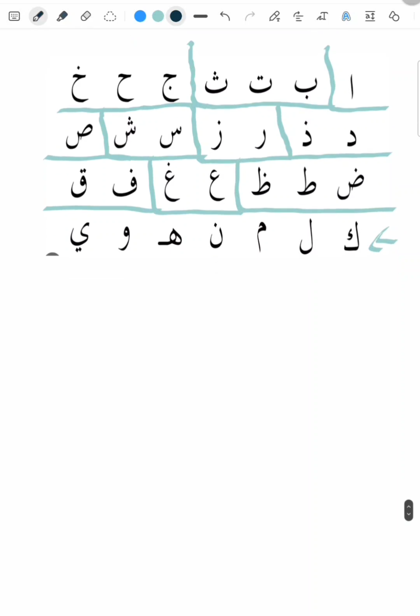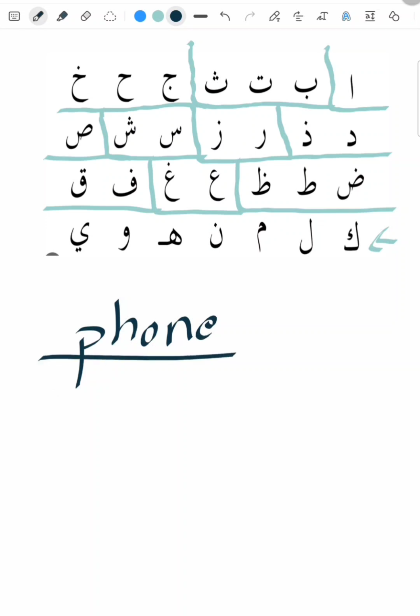In English, let's say you say phone, you can write each letter separately and you can still read the word. In Arabic it is different. If you want to say phone, I'm not gonna translate anything in here. I'm not gonna teach you different words. I'm just gonna teach you how to write.